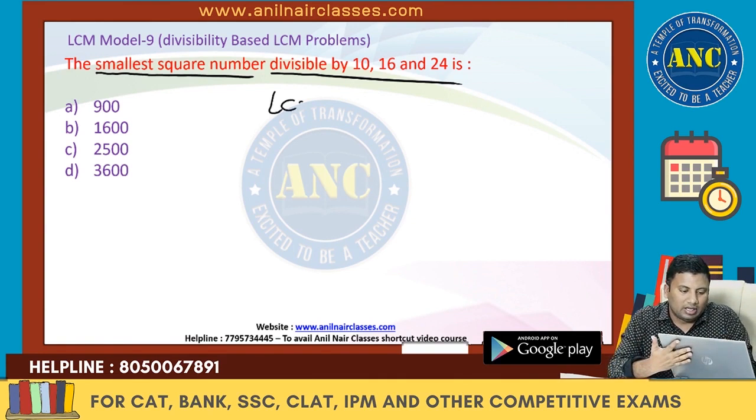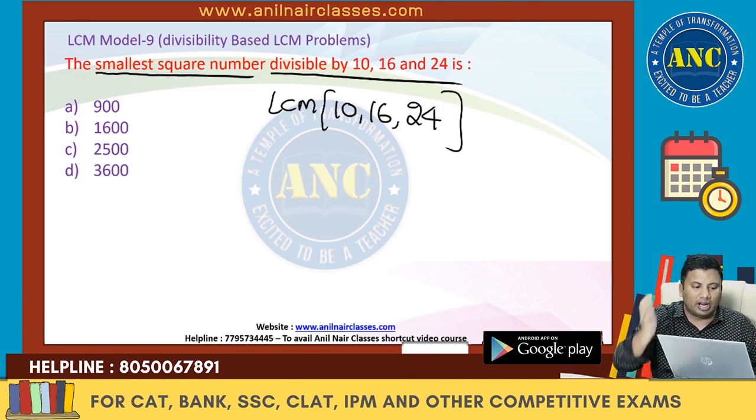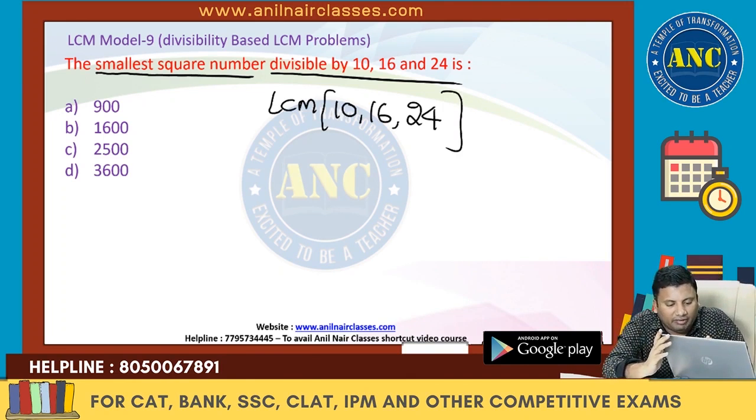Now see here, LCM of 10, 16 and 24. 24 is 8 into 3. So there is a prime factor 3 hidden here.